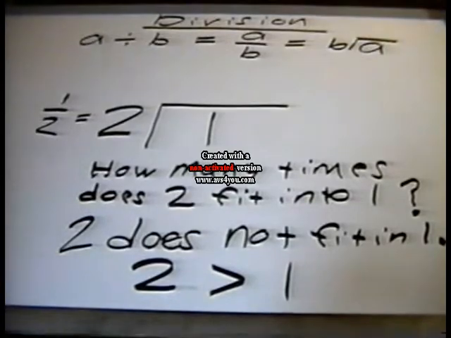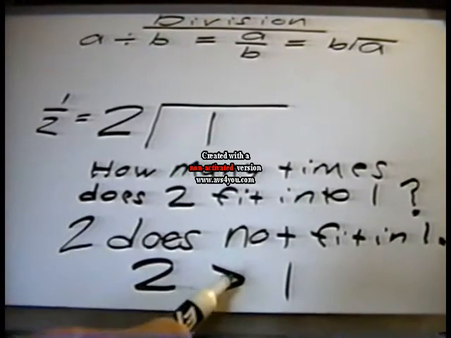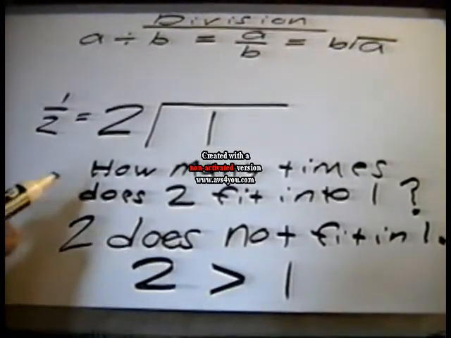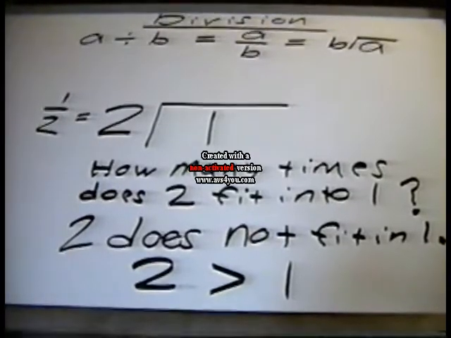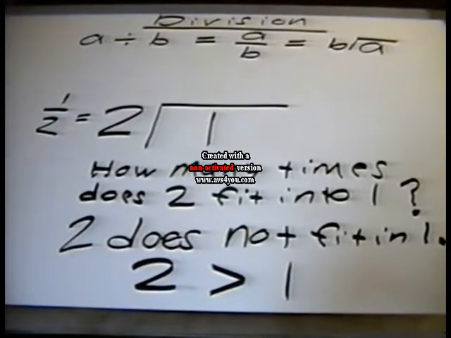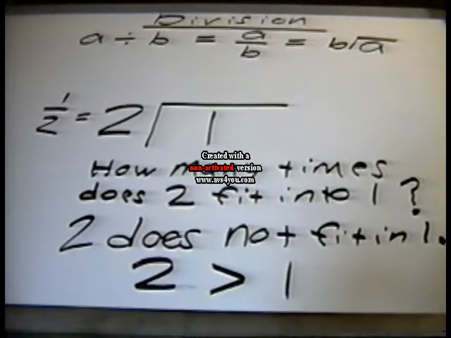So how many times does 2 fit into 1? 2 does not fit into 1. 2 is greater than 1. So we cannot divide, so 1 cannot be divided by 2 in this manner.